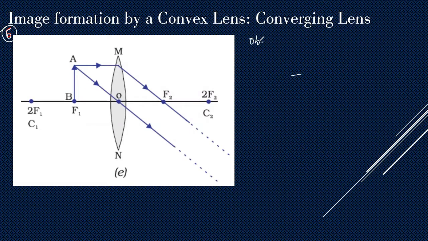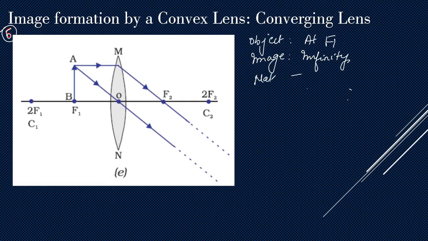Now what is my object? My object is kept at F1, right? Where will the image be formed? Whenever an object is at focus, the rays coming out, according to the rule, will be parallel to the principal axis. So all these rays will go parallel, and the image will be formed at infinity, right?